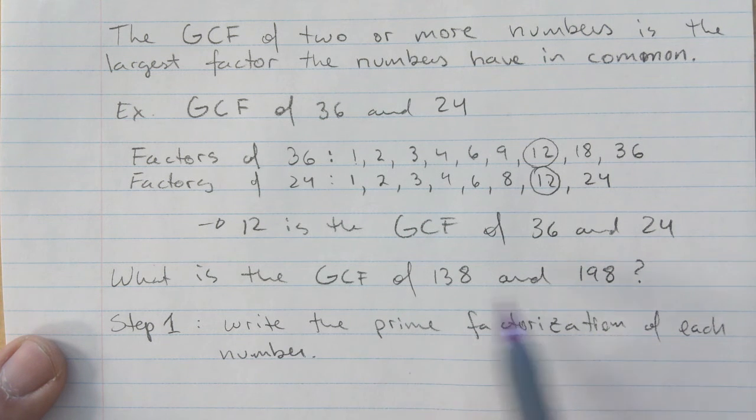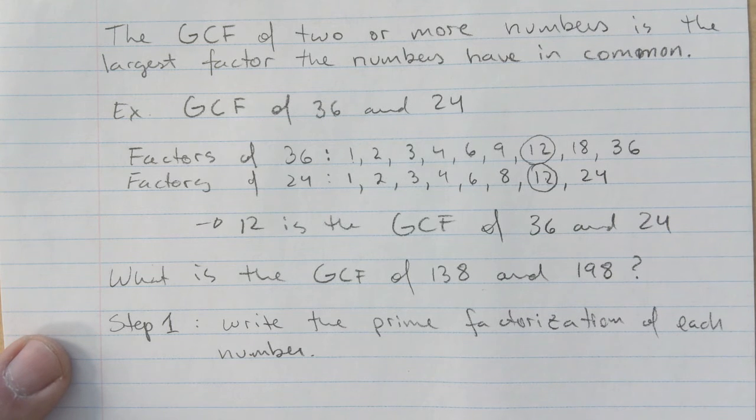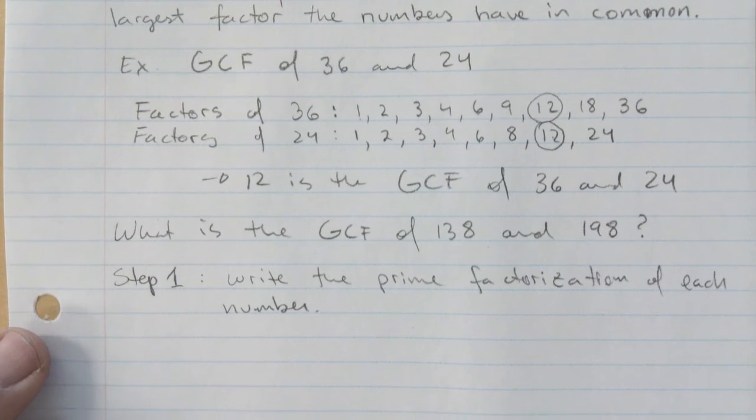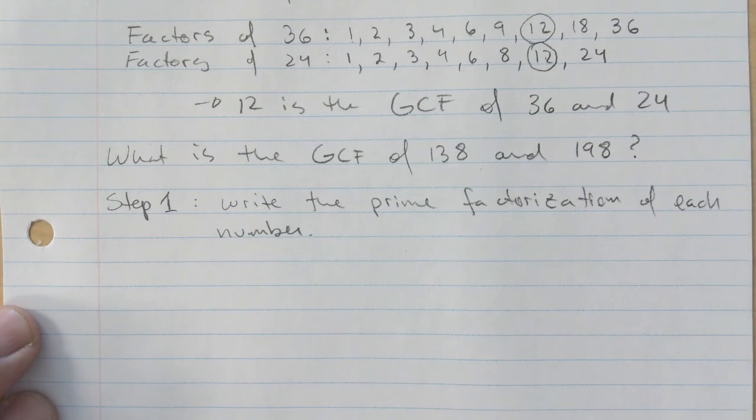So this could be the case. It could ask you the GCF for 2, 3, 4, as many numbers as you can think of. The steps stay the same. Okay, so that's the first step.